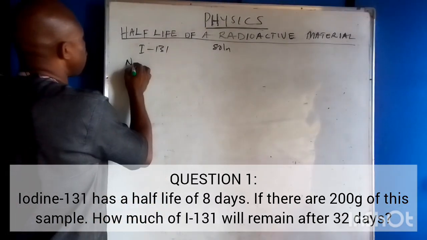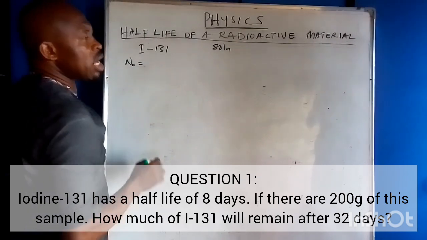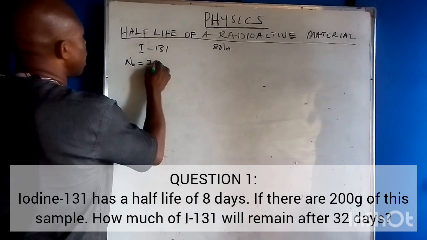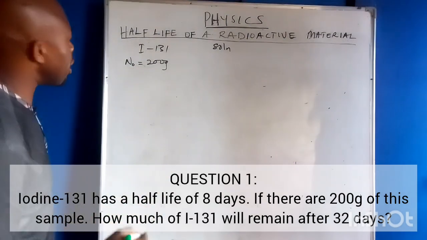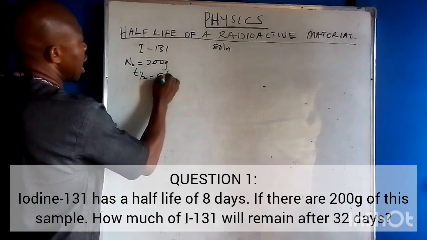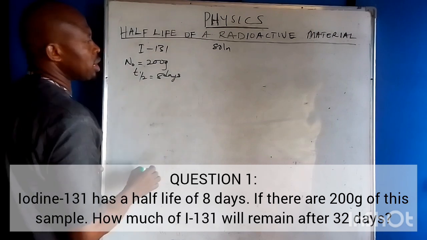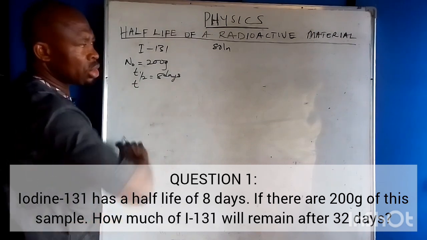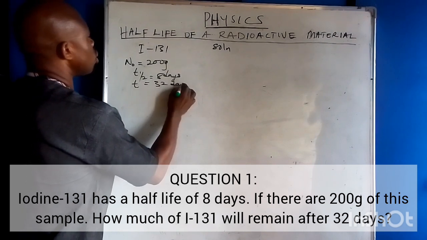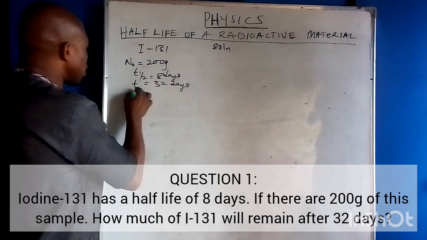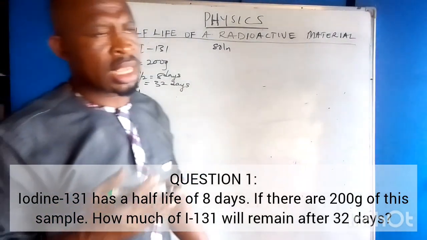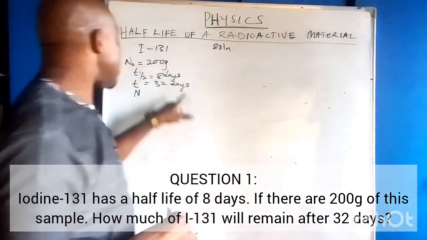The original mass is 200 grams. The half-life is 8 days. The time of transmutation, the time taken for the whole change to occur, is 32 days. And the question is, what is the mass of the iodine 131 that will remain after this?